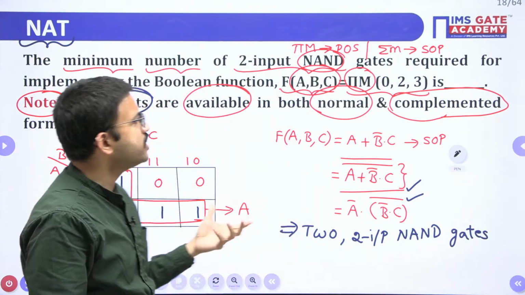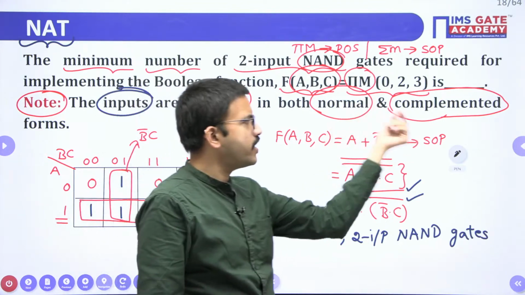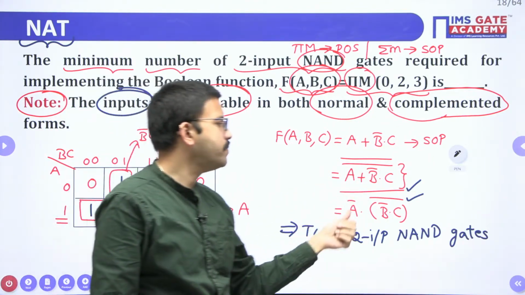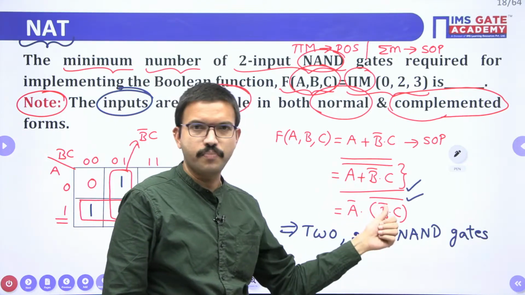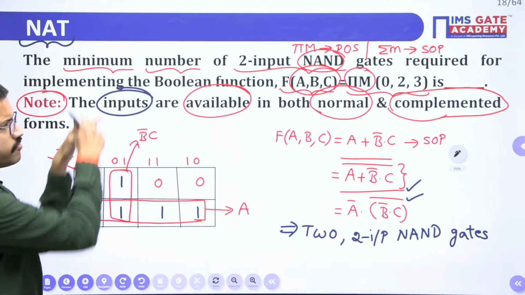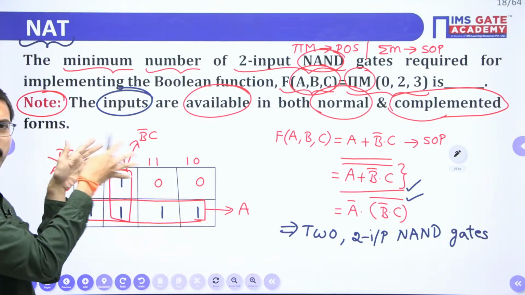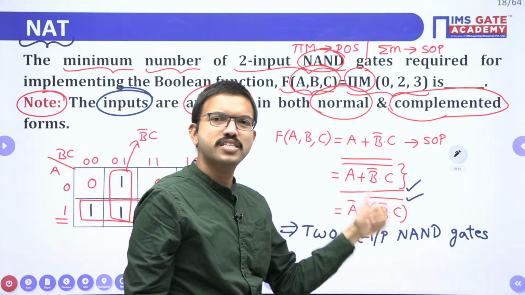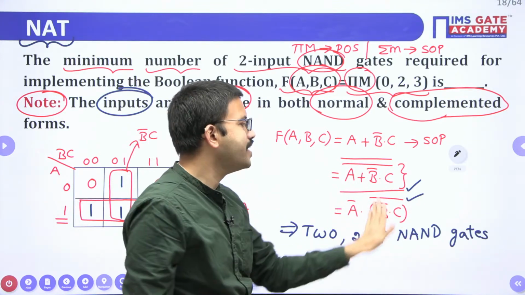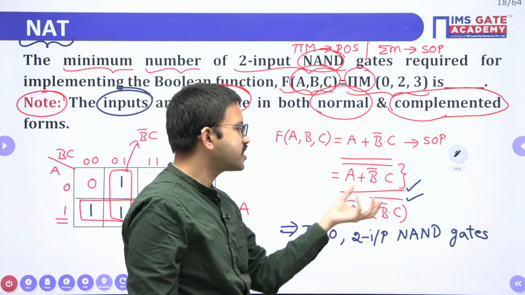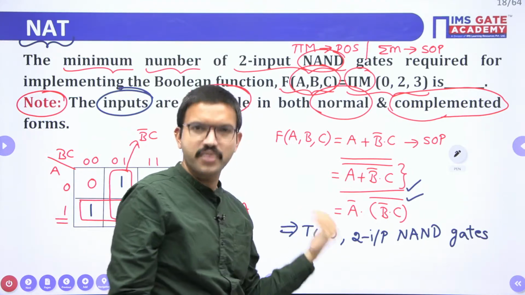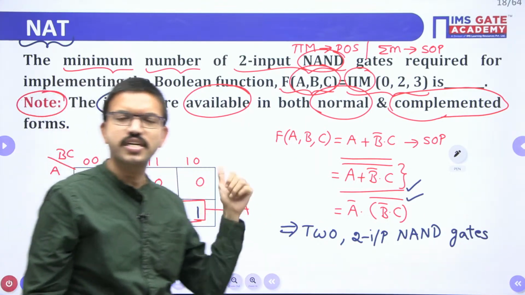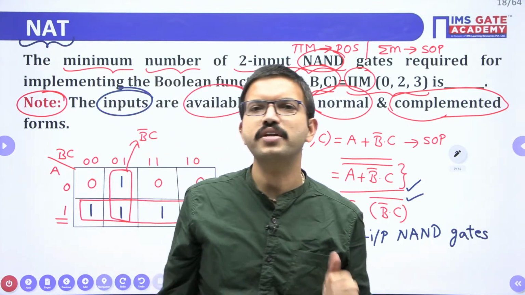If they mention that complement inputs are available, you don't require any logic gate for implementing that particular complemented form. Just like when you have ABC available in normal form, in the same way, if they mention A bar, B bar, C bar are also available, you don't require any logic gate. So accordingly, the minimum number of gates required will become less. So you have to be very careful while attempting any question related to logic gates. I hope it is clear for everyone.